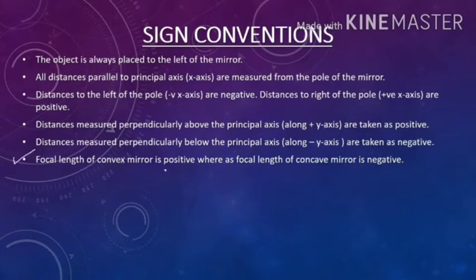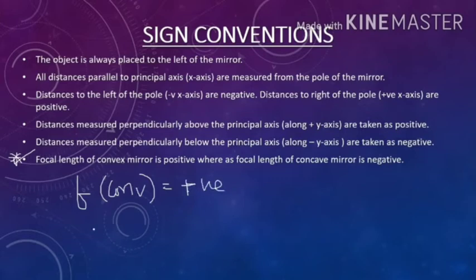Focal length of a convex mirror is positive, whereas focal length of a concave mirror is negative. It is an important point, we should note it, that f of a convex mirror, I have written it in short form, is always positive, this is the positive sign.